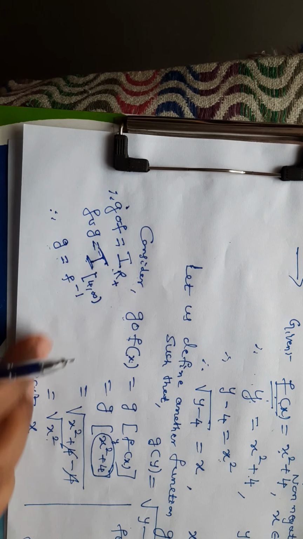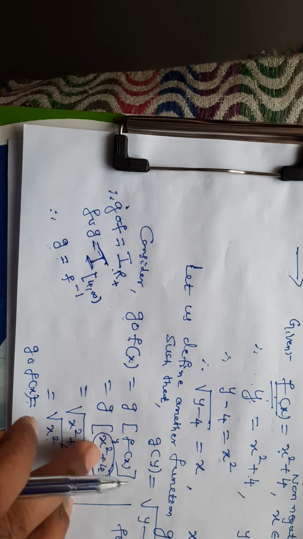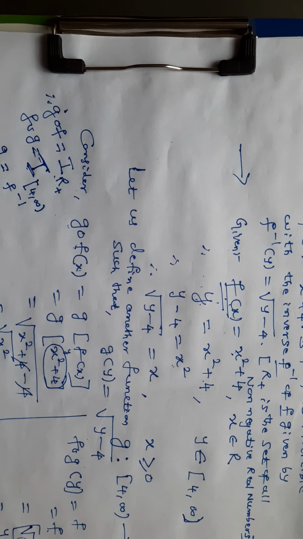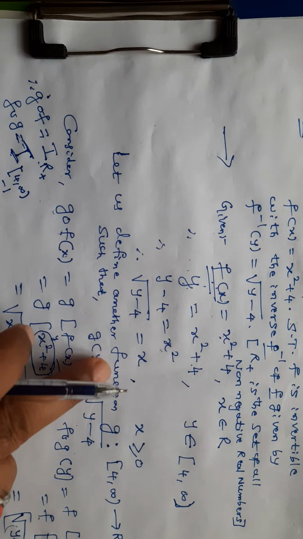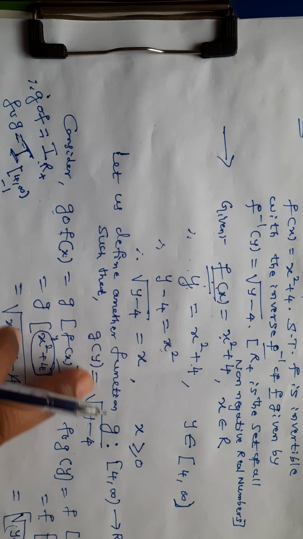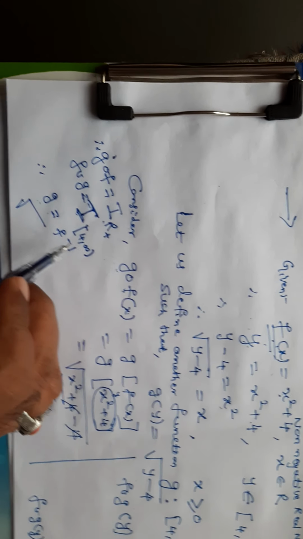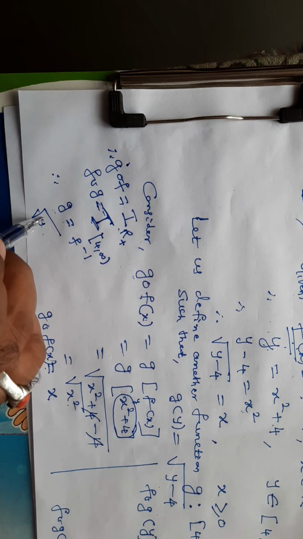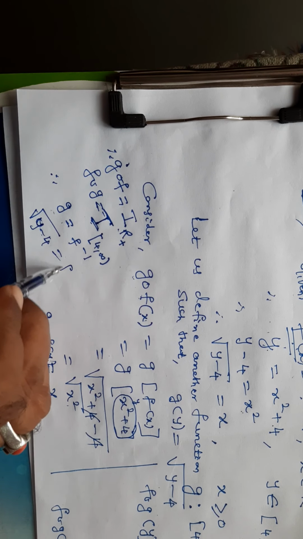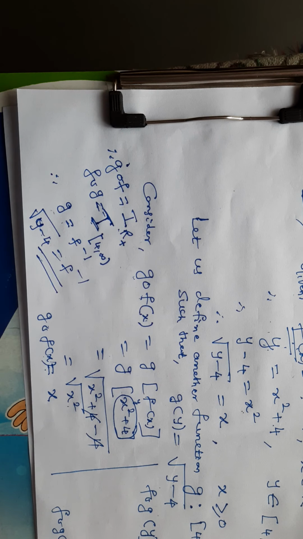Very, very important: g is the inverse of f. Then what is g here? g of y is equal to square root of y minus 4. So it is the inverse of the function.